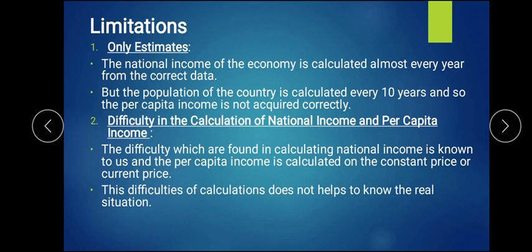So per capita income does not give correct data. Then there is again the difficulty in national income. Because it is calculated on national income, the difficulties faced there are faced here too, making it difficult to calculate per capita income.